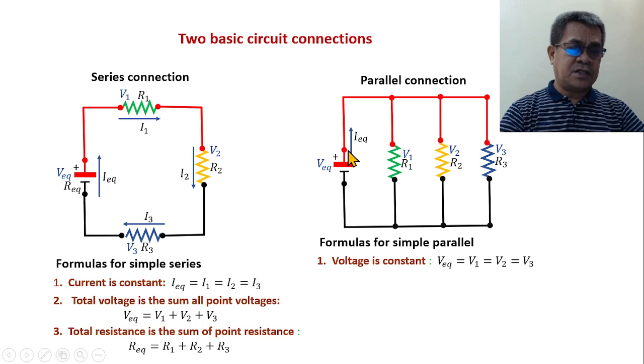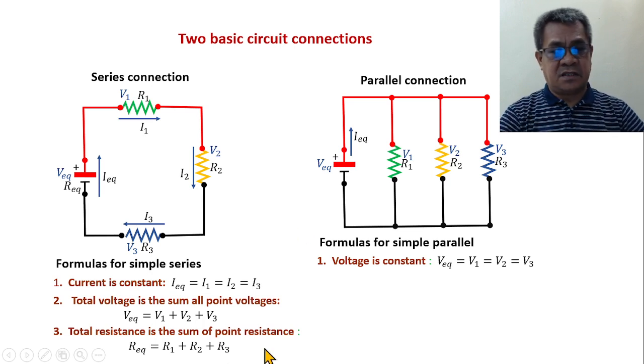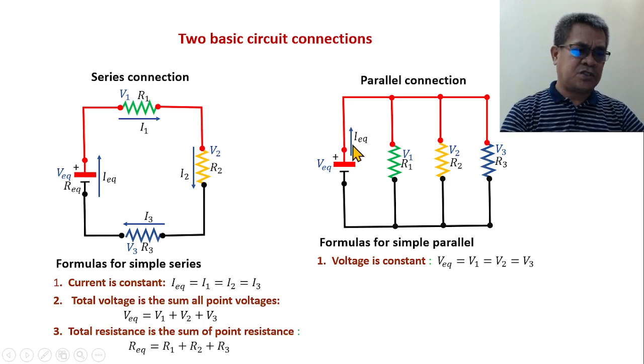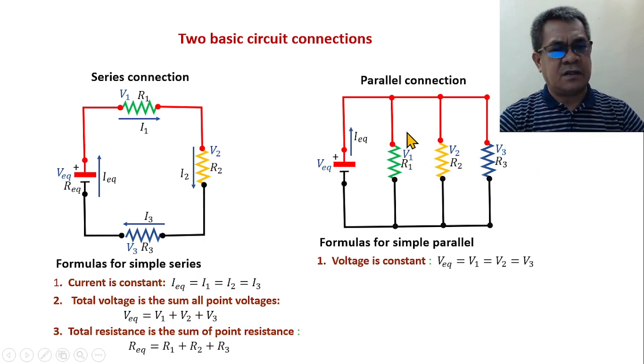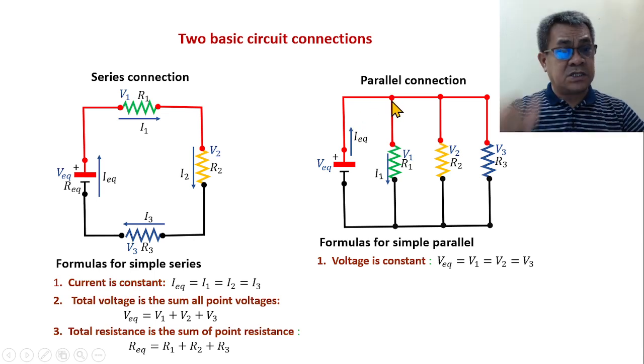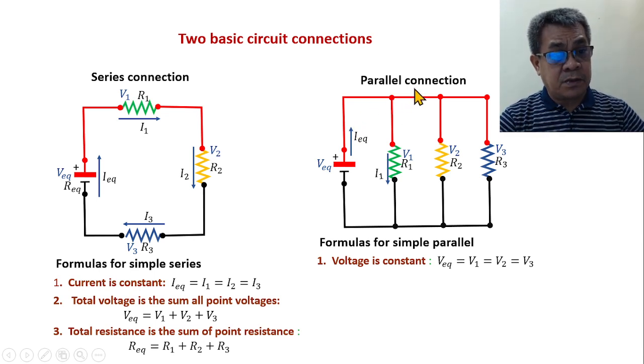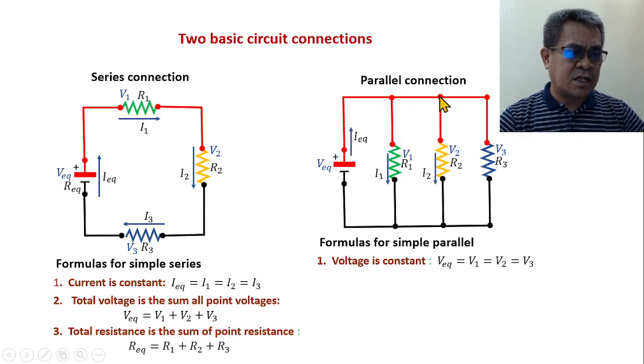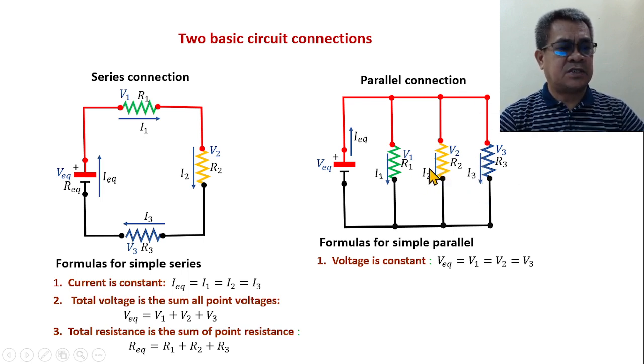So, what about the current? Since the current is not equal, what is the relationship of the current towards I1, I2, and I3? Okay? Now, remember, as the current flows towards the junction, there must be a split. We have this I1 that passes through R1, and we have the current that passes through R2, and similarly, we have the current that passes through R3.